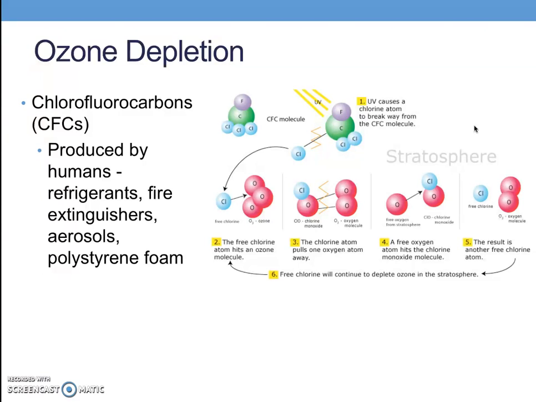We use chlorofluorocarbons in refrigerants, in fire extinguishers and aerosols, so they are propellants, and also in polystyrene foam. When they were first created, no harm seemed to come from them, and so they were really beneficial to people, and so we produced them and put them in a bunch of things.